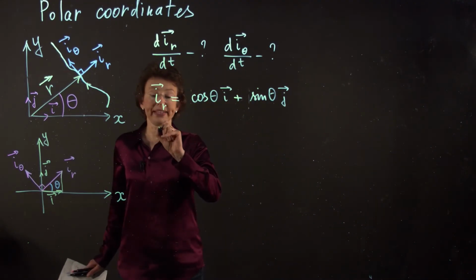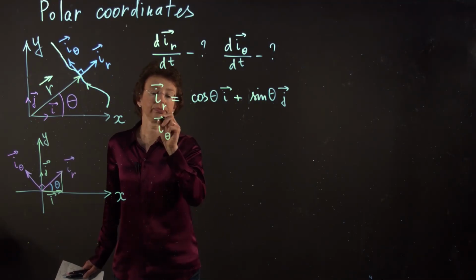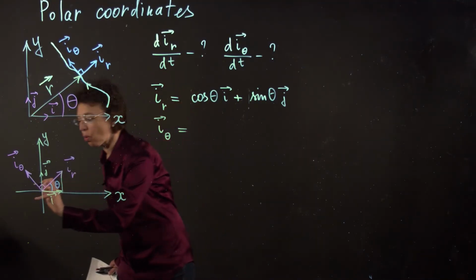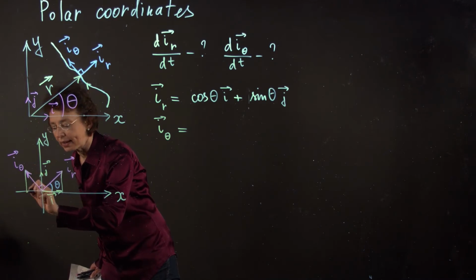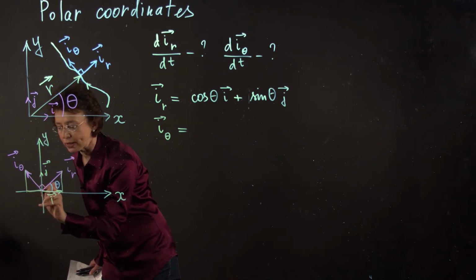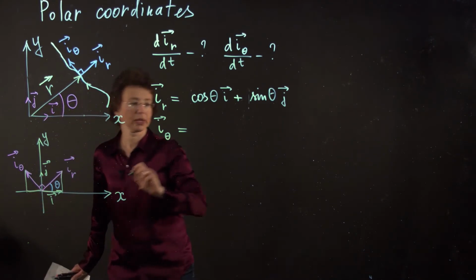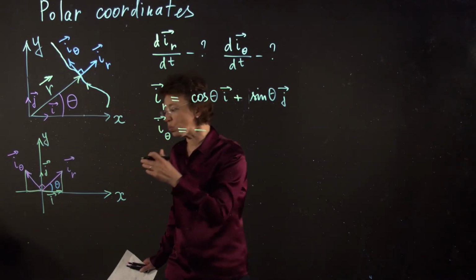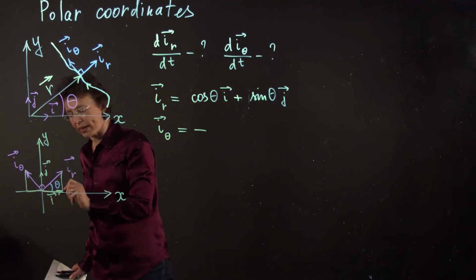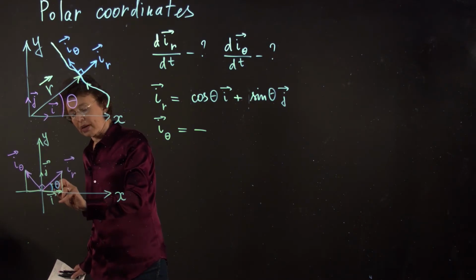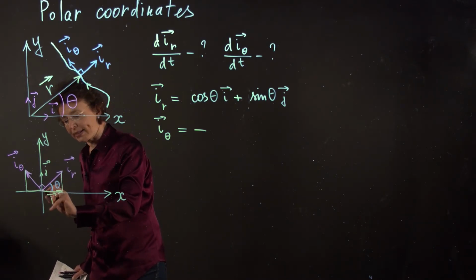Now, what is i_theta? What is the projection of i_theta on x? First, it is negative, so I put minus. Length is 1. Which function of angle theta should I use? Look at this. This is theta, this is 90 degrees.